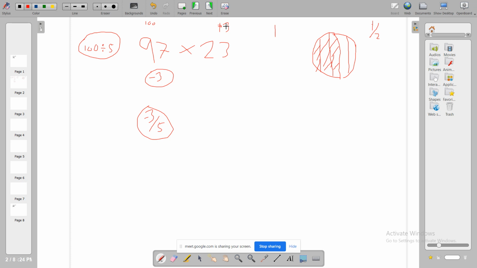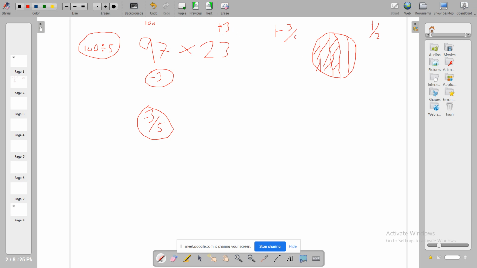Okay, so we are going to your nursery math that you did. So now 1 minus the shaded portion, which is 3 over 5. If you do your math, I'm just doing this so that you understand.